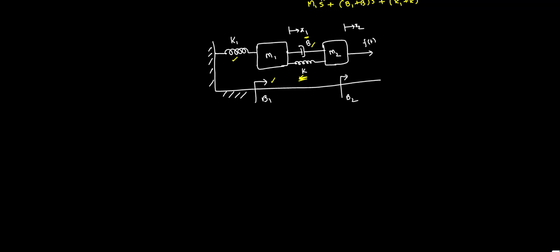That is, for the m2, what are the things that we need to solve? Similarly, whatever we have discussed earlier, for m2 also we will discuss the same thing. What are the forces that are acting on the m2?